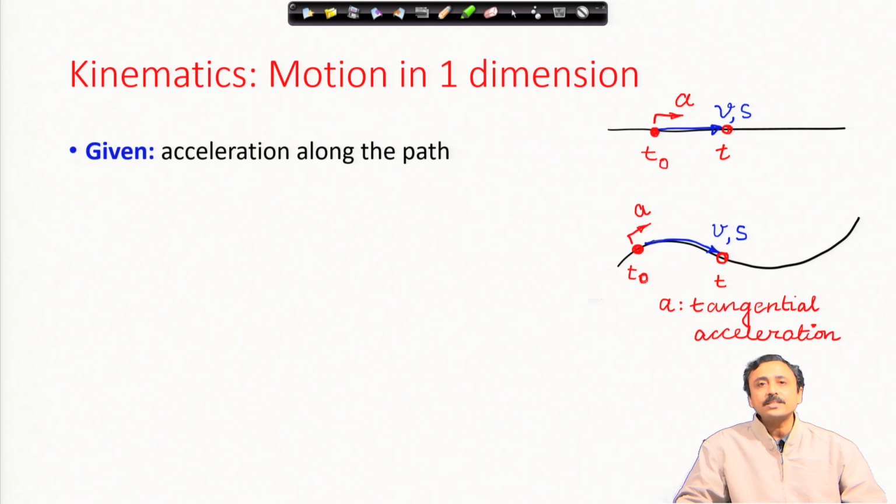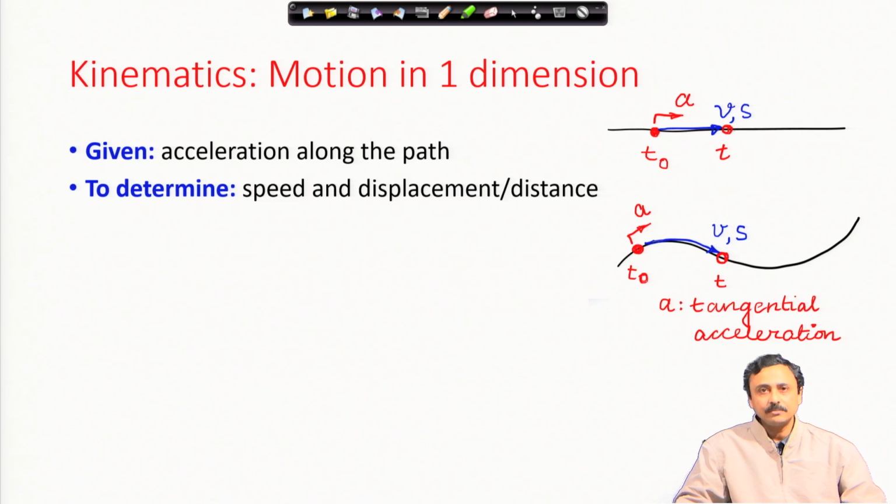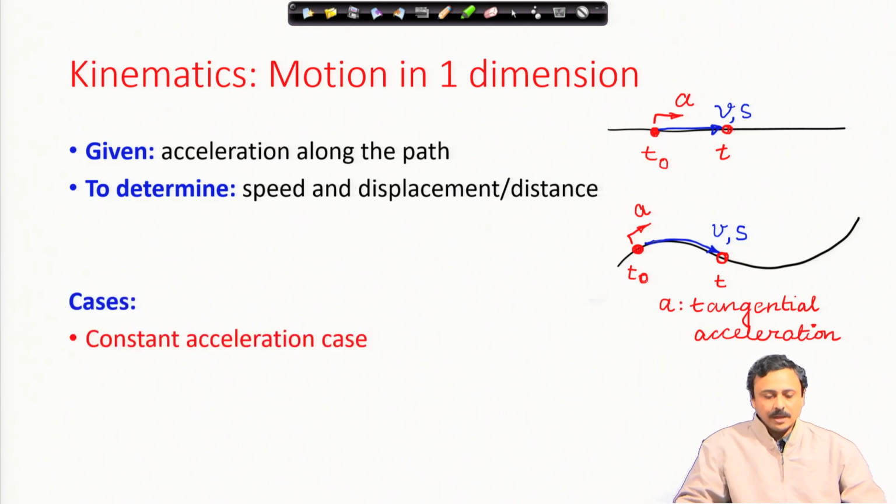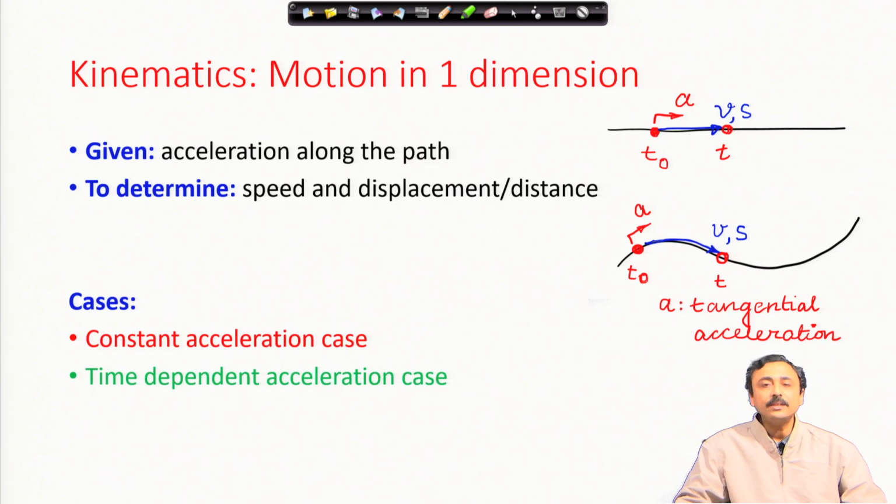The problem here is, given the acceleration along the path, we are required to find out the speed, which is the first integral of the acceleration, and the displacement of the particle or the distance travelled by the particle. We are going to look at some cases which you have seen right from school. First is the constant acceleration case, the simplest, then the time dependent acceleration case, and the location or distance dependent acceleration case.